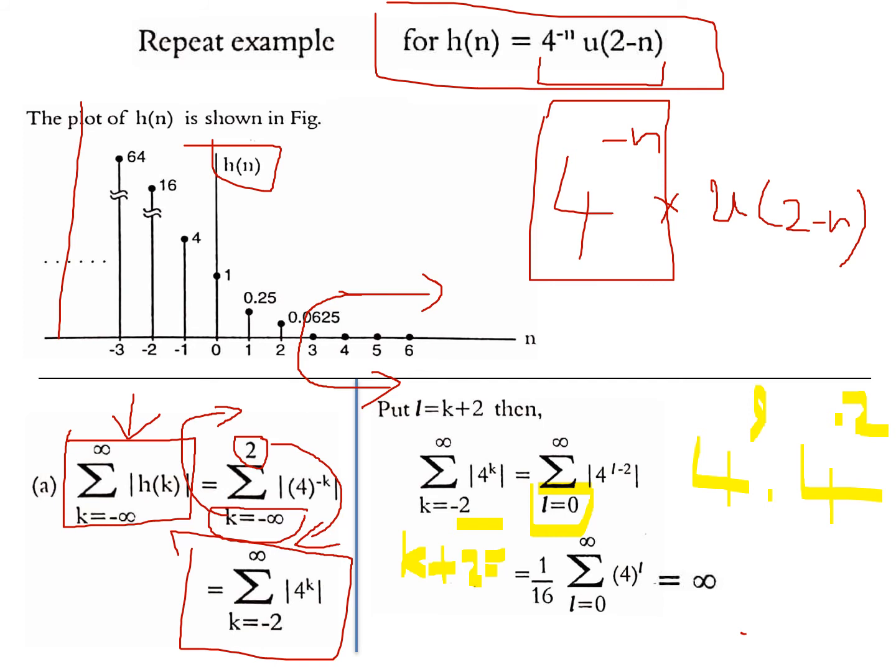Now what remains inside the bracket is the summation from L equal to 0 to infinity of alpha to the power of L, with alpha equal to 4. Now alpha is greater than 1, isn't it?